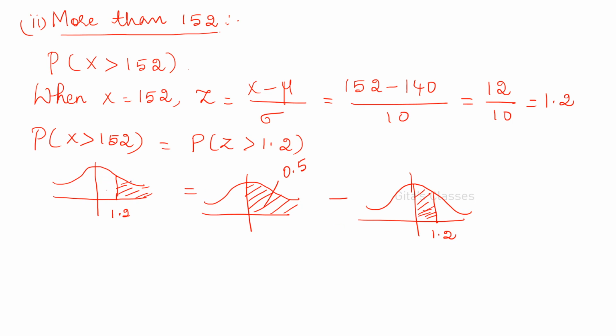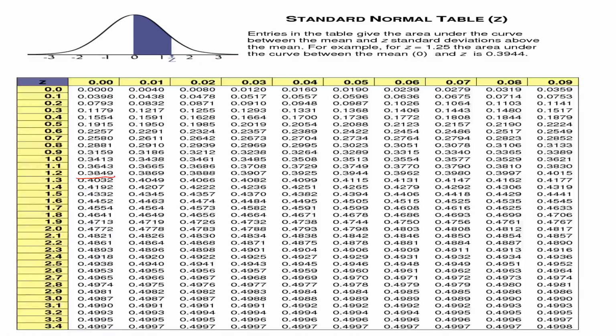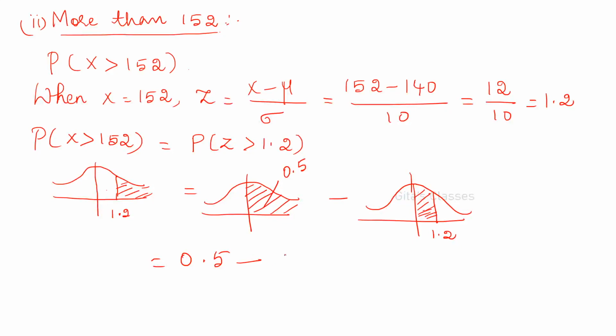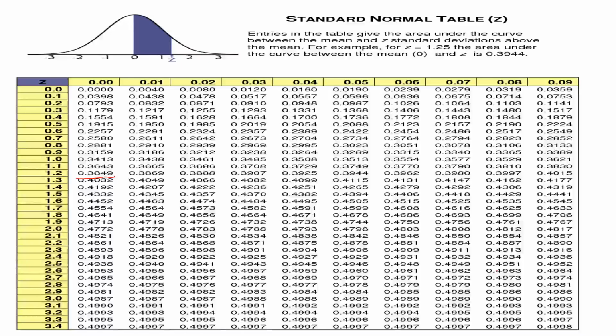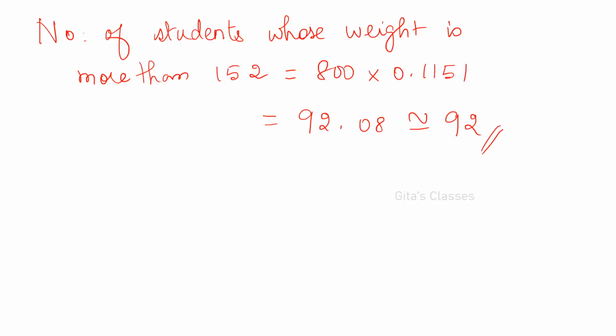So this is equal to 0.5 minus, for 1.20, 0.3849. 0.5 minus 0.3849 is 0.1151. This is the required probability, but I want the number of students whose weight is more than 152. That is 0.1151 times 800, approximately 92.